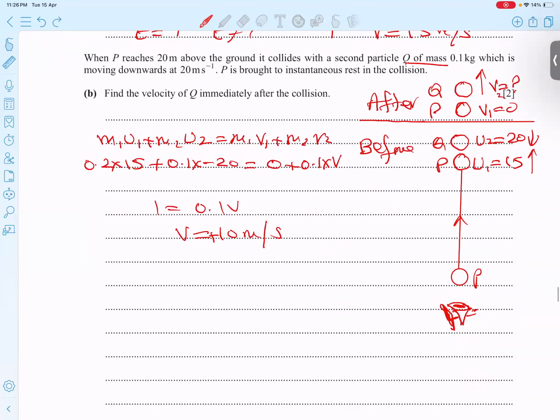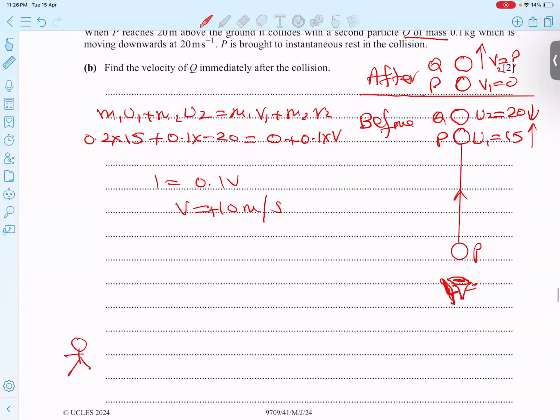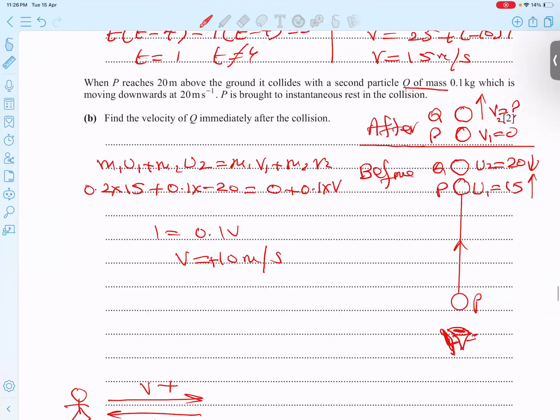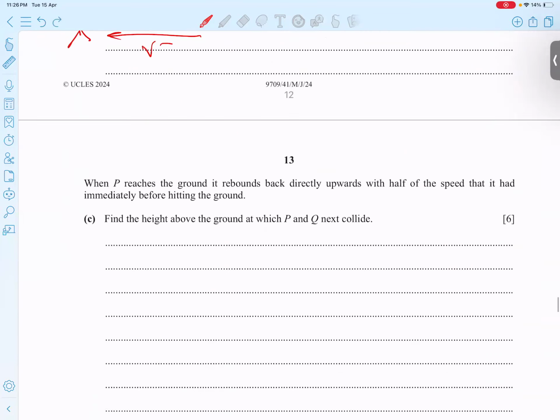So make sure, when something is going away, velocity is positive, and going back to the observer, velocity is negative. And this positive 10 means after collision, this particle is still going away from the observer. This part is very clear. And naturally, P stops here, so after stopping, it will fall down and come back to the observer. So this part is done. Let's go for the next part.